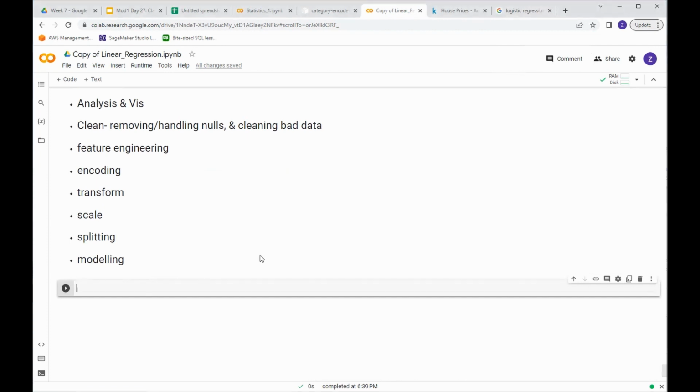Now, again, this algorithm is already pre-coded in sklearn. So from sklearn.neighbors, we can import KNeighborsClassifier.